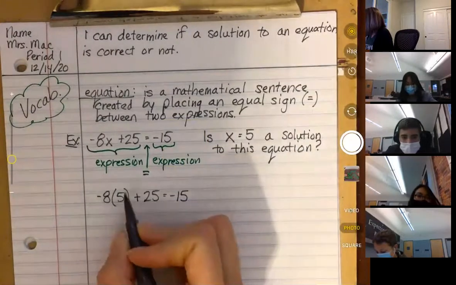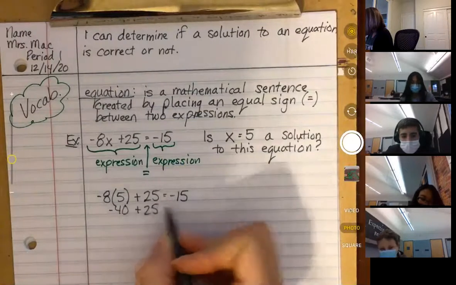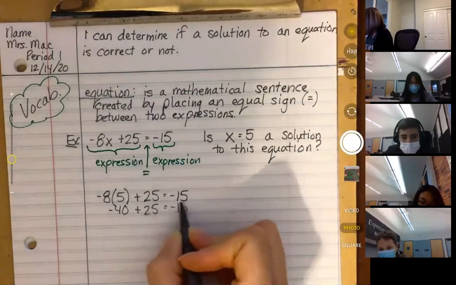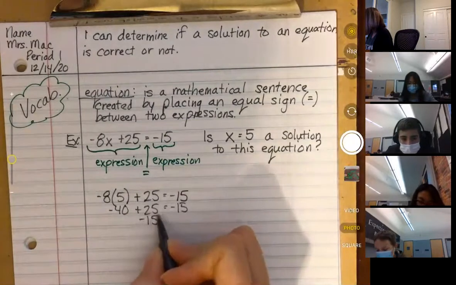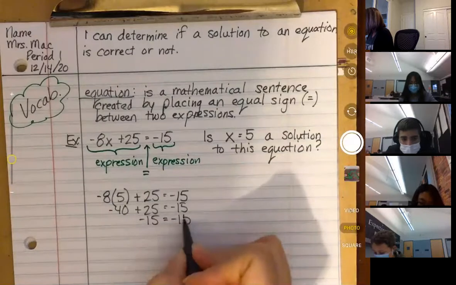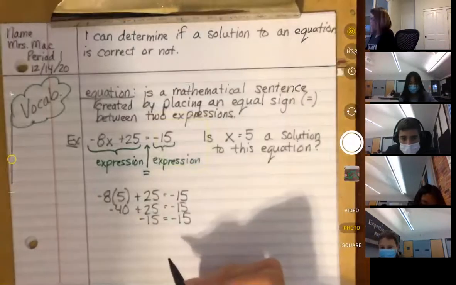So negative 8 times 5 is negative 40. I'm going to bring everything else down. Then negative 40 plus 25 is negative 15. Check it out. Negative 15 is equal to negative 15.